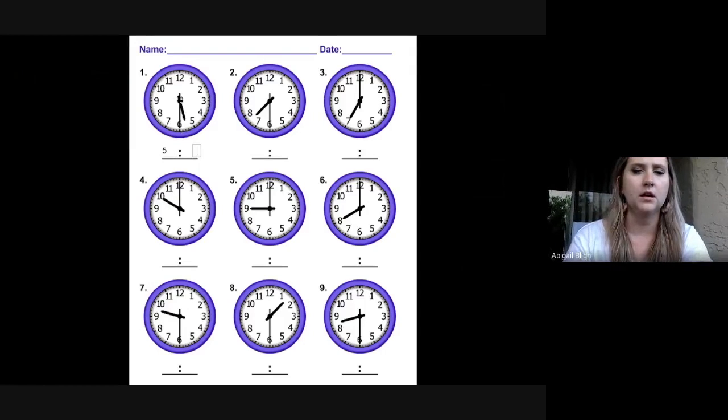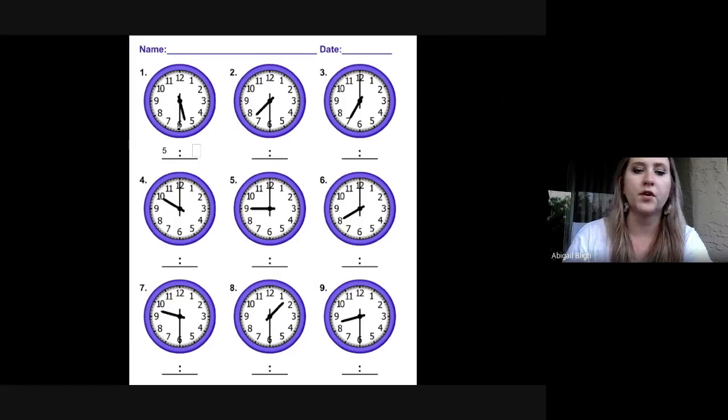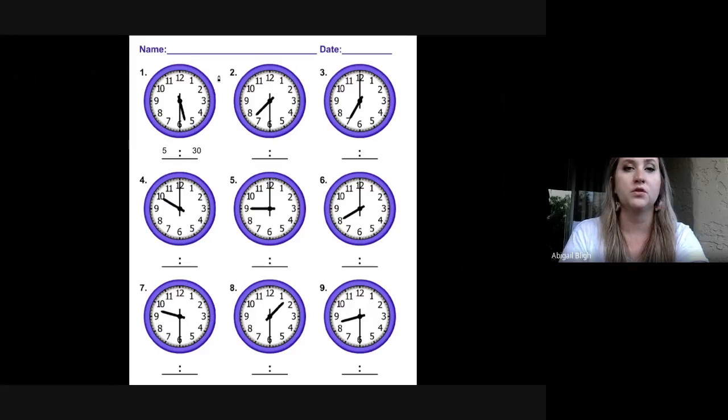And then I'm going to look at where the minute hand is. Where is the longer hand? It's not on the 12, so I'm going to keep going. Okay, it's on the 6. And I know that when a minute hand is on the 6, it is 30 minutes past the hour. So I'm writing 5:30. Why don't you try number 2 on your own?